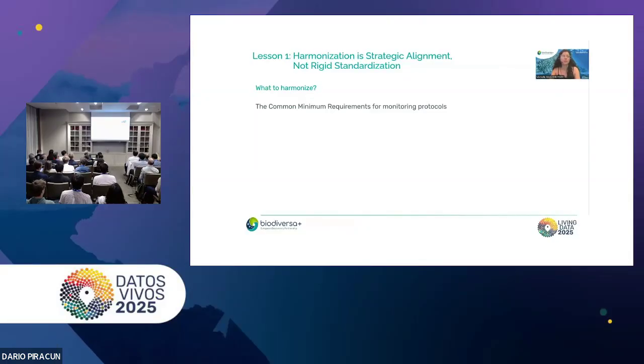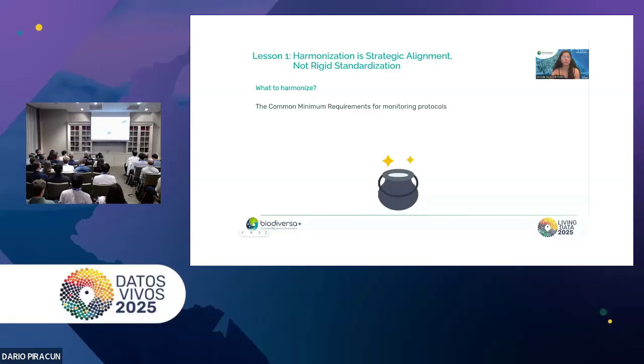What do we mean by these common minimum requirements? They're essentially the baseline ingredients that every biodiversity monitoring protocol needs to share in order to make the data comparable, interoperable, and policy relevant, even if they're applied in different contexts.